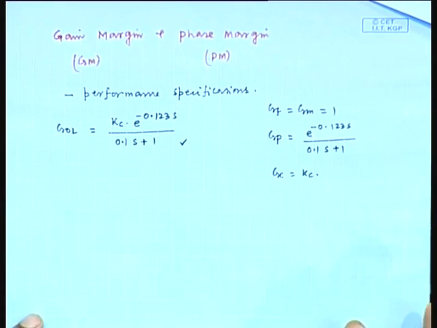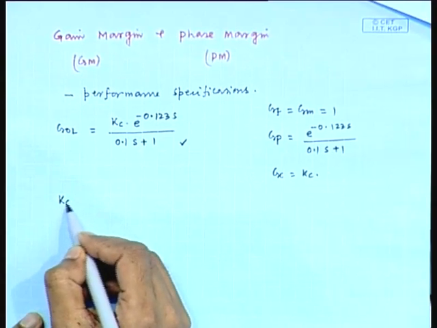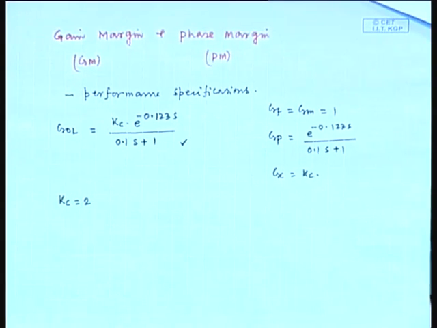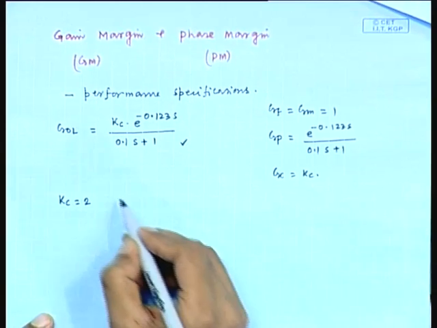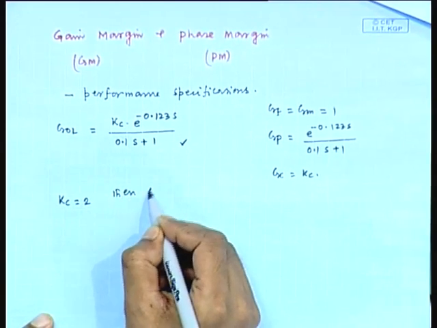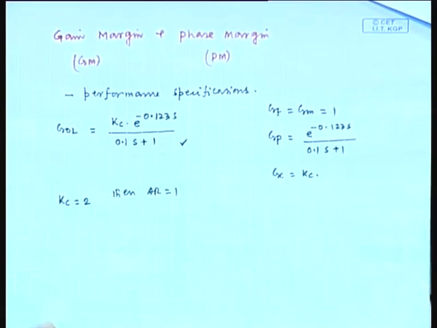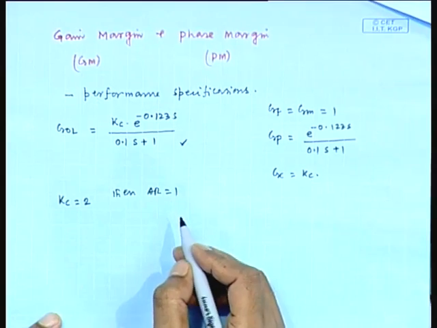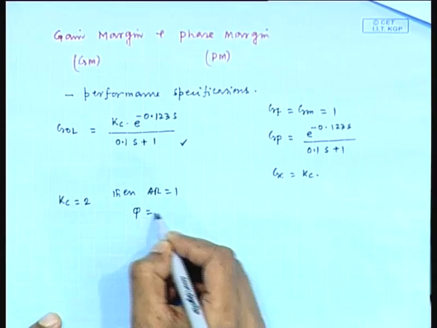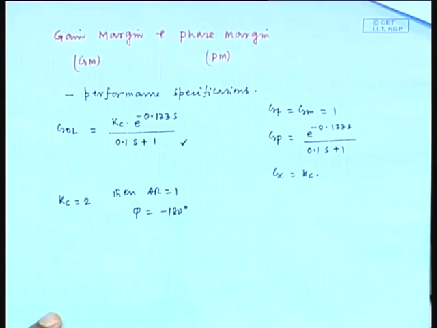Recall the fact that if Kc equals 2, then amplitude ratio becomes 1 when phi equals minus 180 degree.